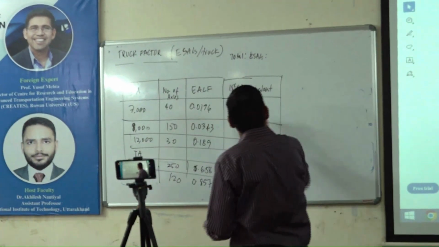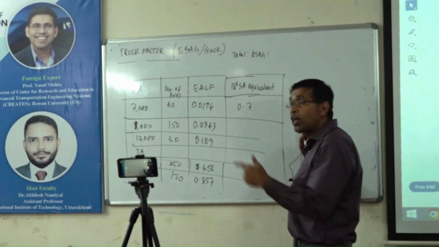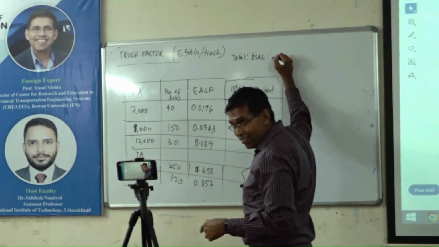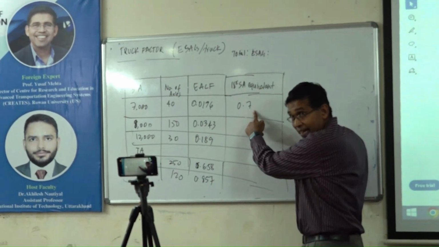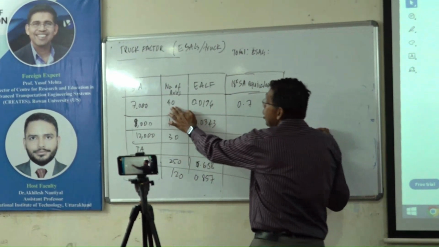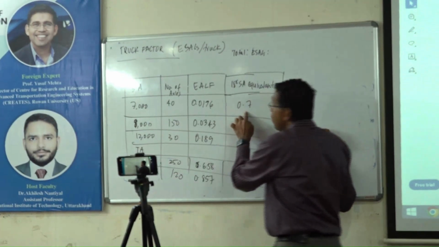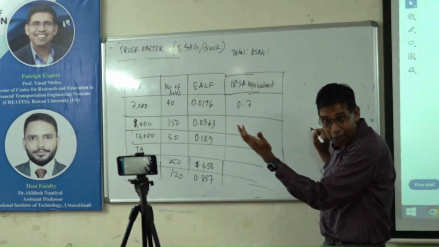I think you were saying the total here. Okay, 0.7. Everybody got that? That means 40 repetitions of 7,000 will cause a certain damage. The same damage will be caused by 0.7 repetitions of an 18-kip single axle. Can everybody understand the concept behind that?